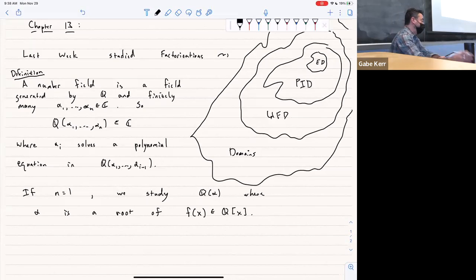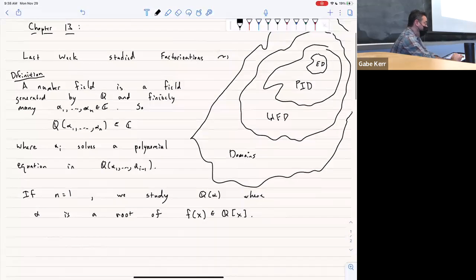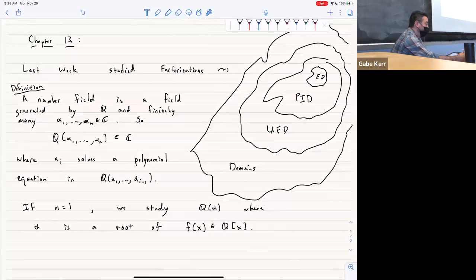Now, one thing we did last time is show this diagram. In particular, if you're looking at this ring, polynomials with rational coefficients, we saw that that's actually a Euclidean domain, because the degree function tells us the Euclidean function that will fit into the division algorithm and so on.